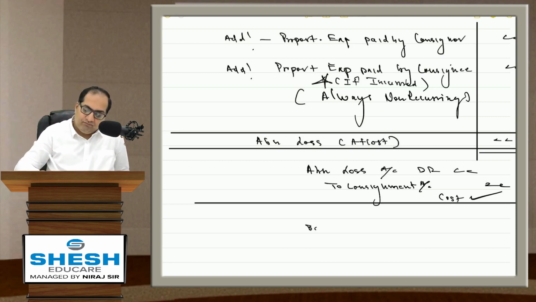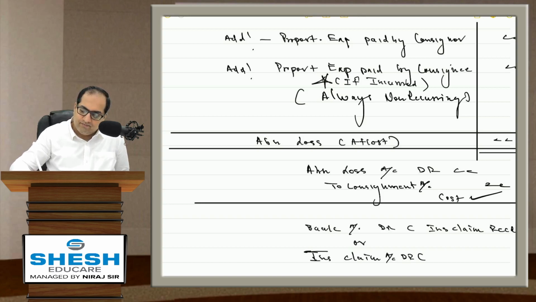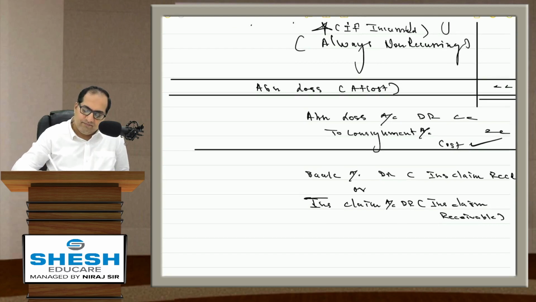अब इसके सामने बैंक अकाउंट डेबिट, इंश्योरेंस क्लेम रिसीव, और इंश्योरेंस क्लेम अकाउंट डेबिट, इंश्योरेंस क्लेम रिसीवेबल, या कैश अकाउंट डेबिट, scrap, scrap amount to what?